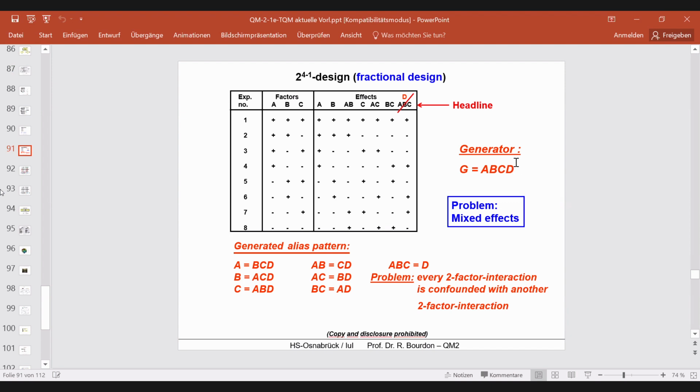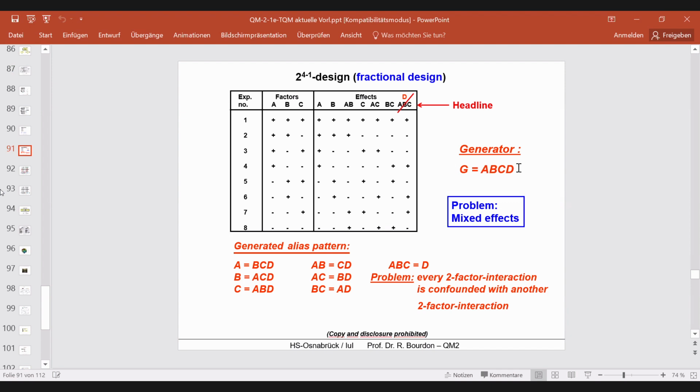If you take this generator and compare it with the headline here, then the double elements fall out. This means they disappear. If you take this generator on A, then A is double, because A is here and A is here in the headline. So A disappears, and what remains is BCD. This means A is confounded with BCD.